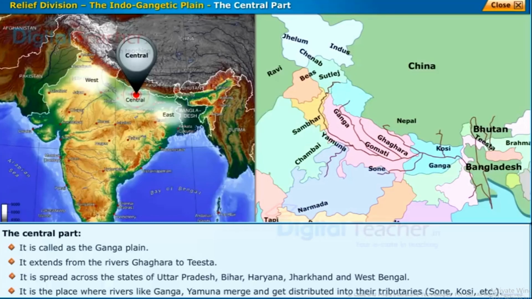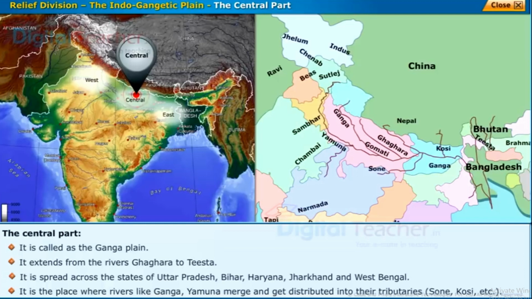Second one, the central part. The central part is known as the Gangetic Plain. It extends from the river Ghaggar to the Teesta. Here, the Gangetic Plain extends across Uttar Pradesh, Bihar, Jharkhand, and West Bengal.